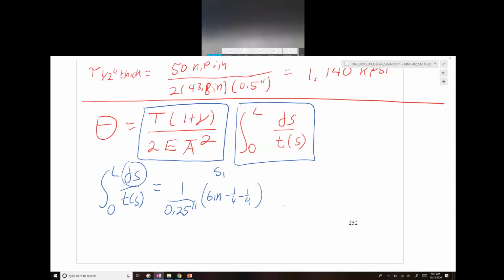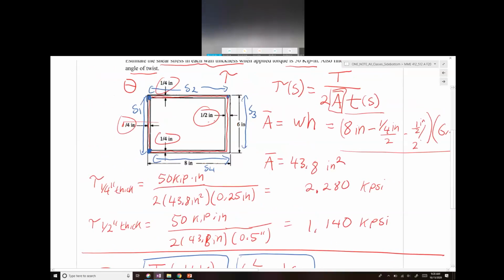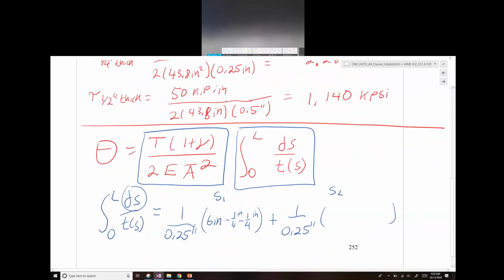For S2, it's again 1/4 inch thick. So we can bring that out, and then we have the length of S2 would be 8 inches minus, I'm sorry guys, it should be an 1/8 of an inch, not 1/4 of an inch.